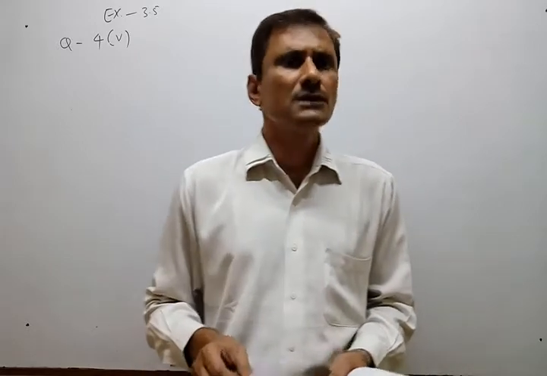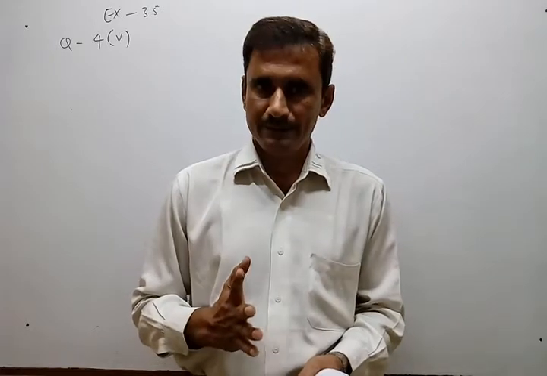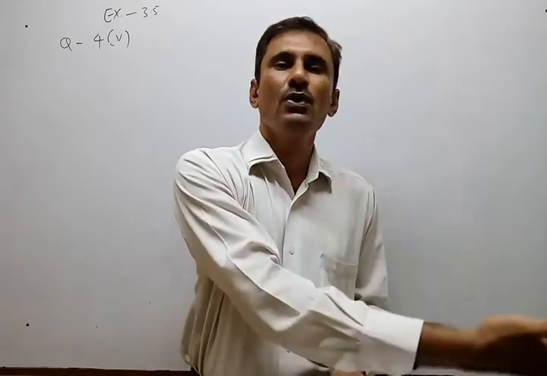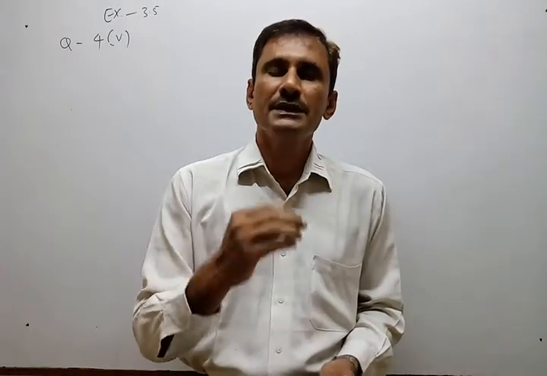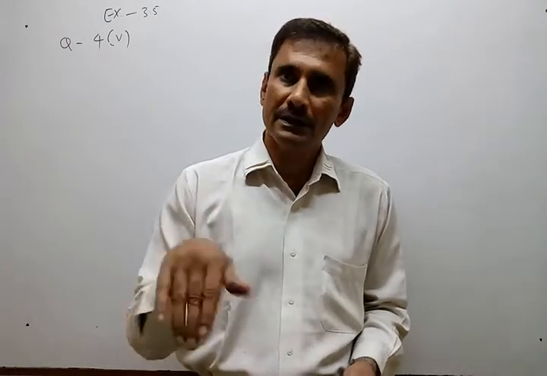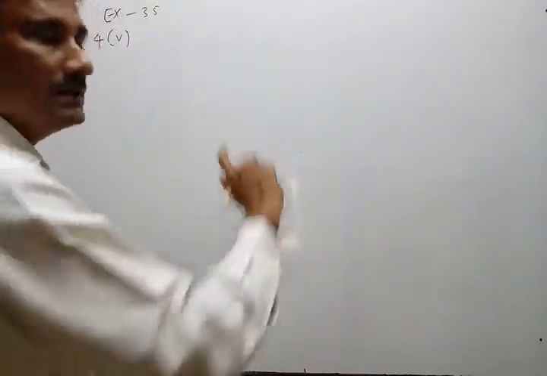So here also we have to suppose the length and breadth of the original rectangle. Then how are they going to change? According to that we have to change the length and breadth, and then automatically the area. So first we start from the original length and breadth.